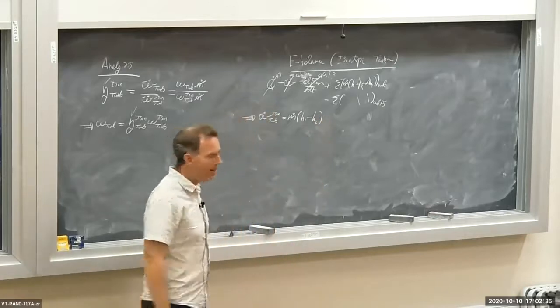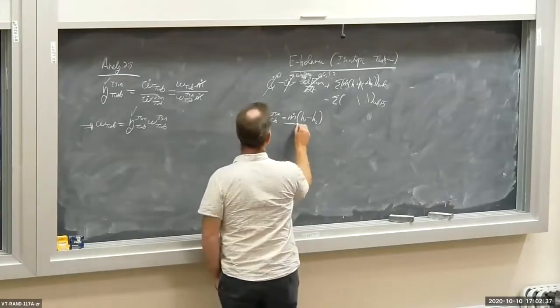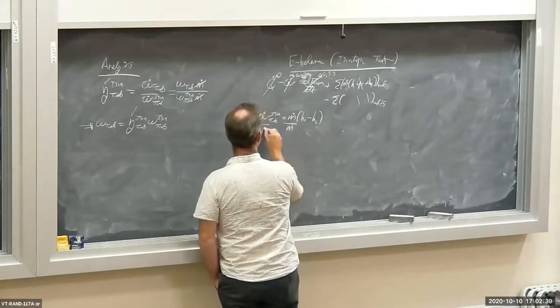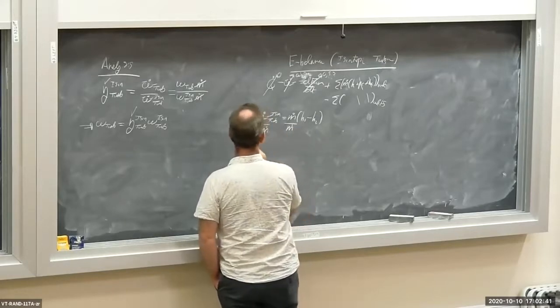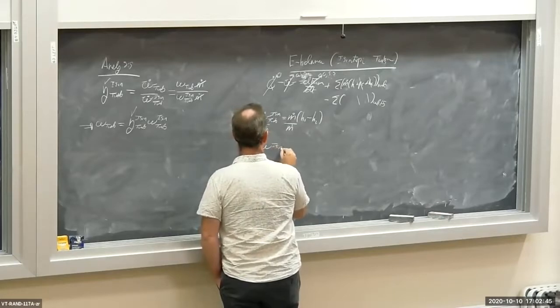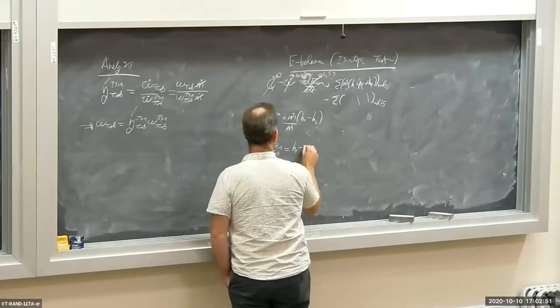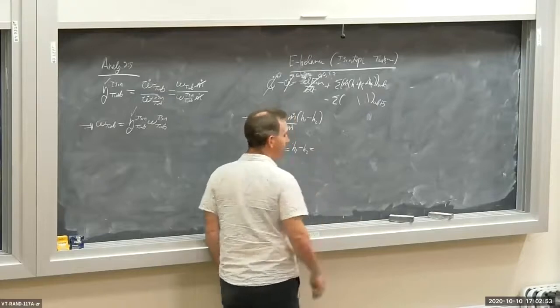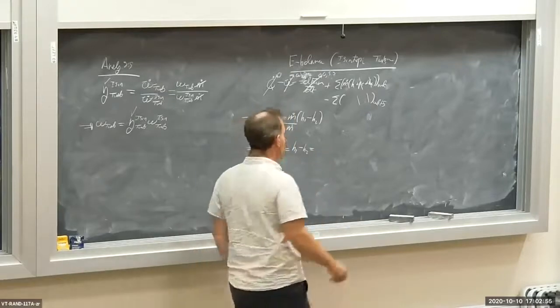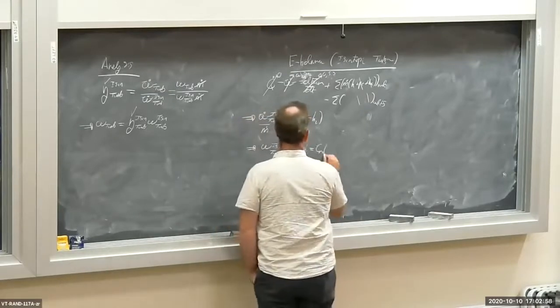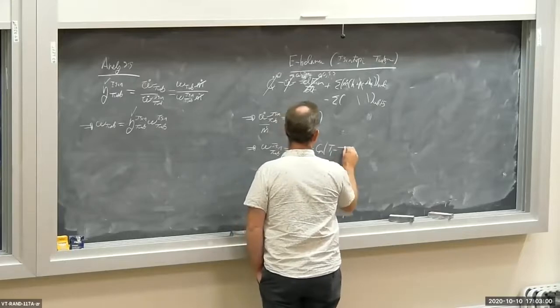If I divide by m dot, I get the specific work. W isenturbine is equal to h1 minus h2. And if I assume constant specific heat, I get Cp (T1 minus T2).